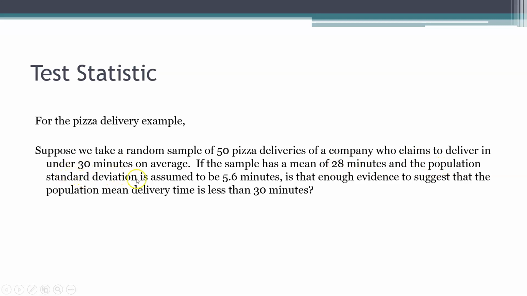And the population standard deviation is sigma, which is 5.6. So for each one of these problems, you're going to need to be able to read the problem and pick out what each one of those values is. That's why I've been harping all semester on, do you know those symbols? So if we just take all those values and plug them in, the sample mean minus the hypothesized value over the standard deviation over the square root of the sample size, we get negative 2.53.